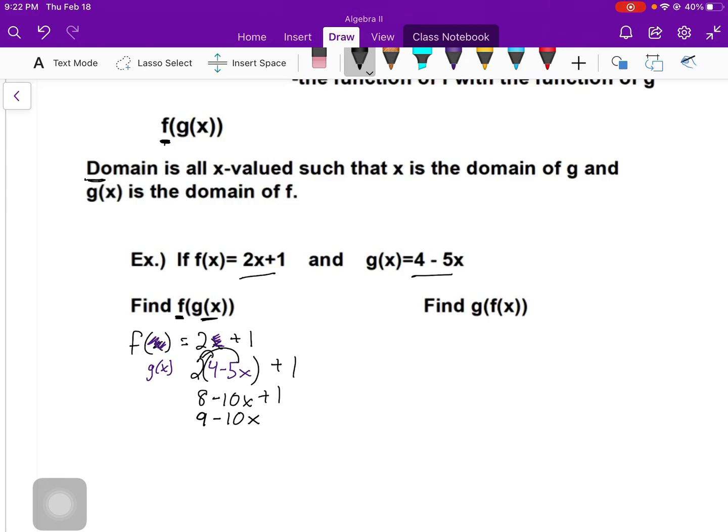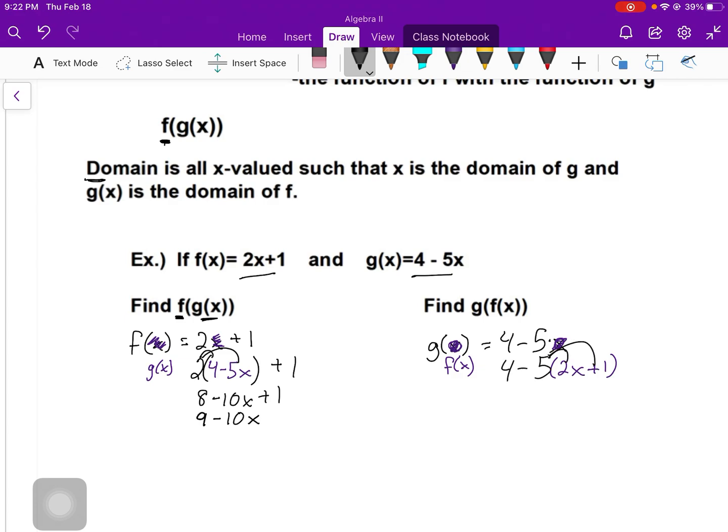So now if I flip around and I go g of f of x, now I'm going to start with g of x. I'm going to take the x out and replace it with f of x. And in this case, the rule was 2x plus 1. I'm still going to keep the multiplying by 5 and the 4.